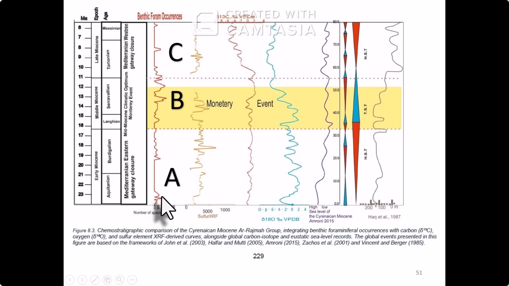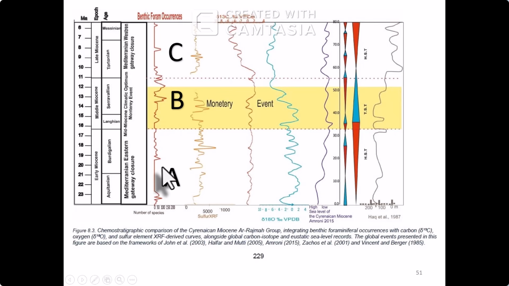We find forams at the lower part where there's letter A. We see some spikes here, and then zero, declination of the forams completely in the early Miocene, and then coming back, and then explosion, increase in the number, diversity, and size of the foraminifera in the middle Miocene, and then again declination and some spikes in the late Miocene.